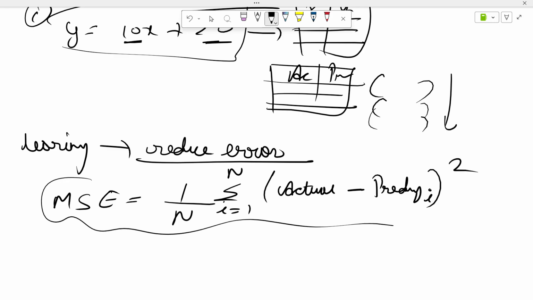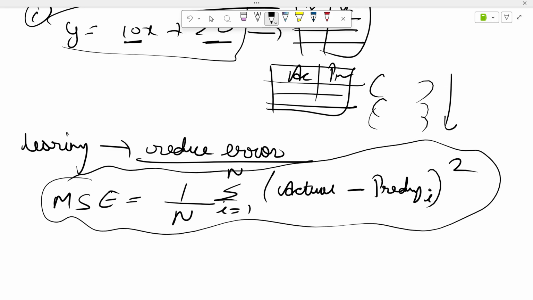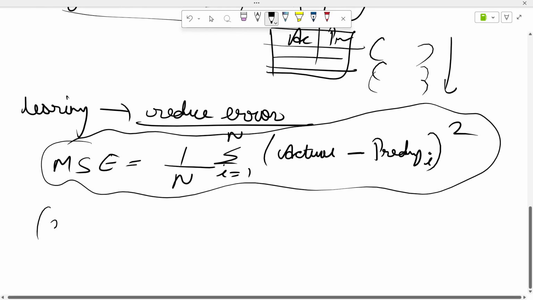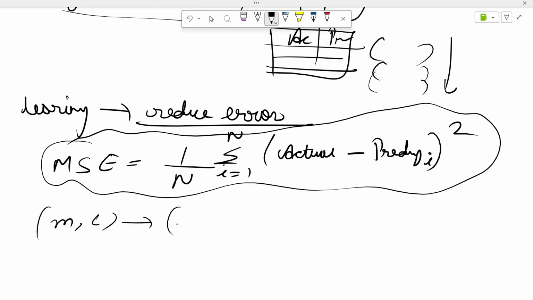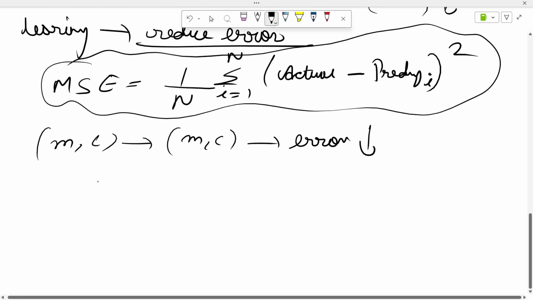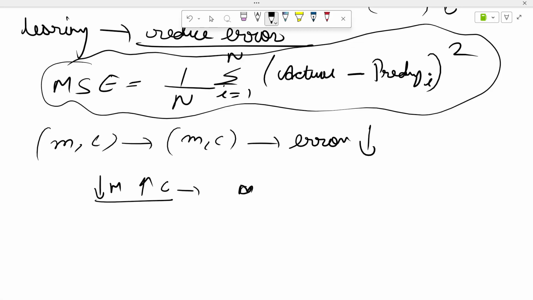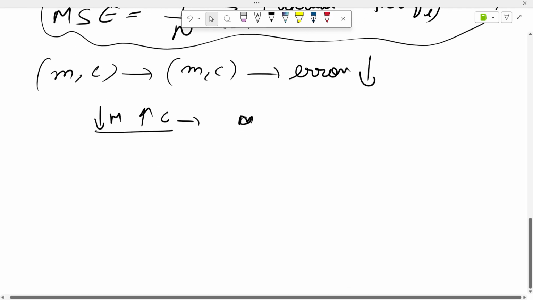You need to minimize this value, correct? So you assume some random values of m and c, and then move towards values of m and c such that the error reduces slowly. Sometimes you reduce m, sometimes you increase m or c, sometimes you decrease both, depending on the value you are getting.